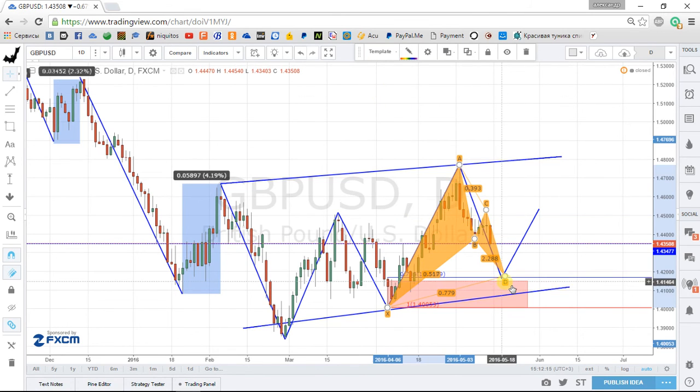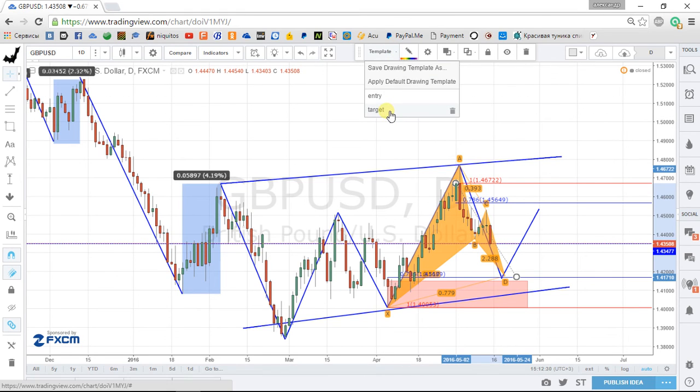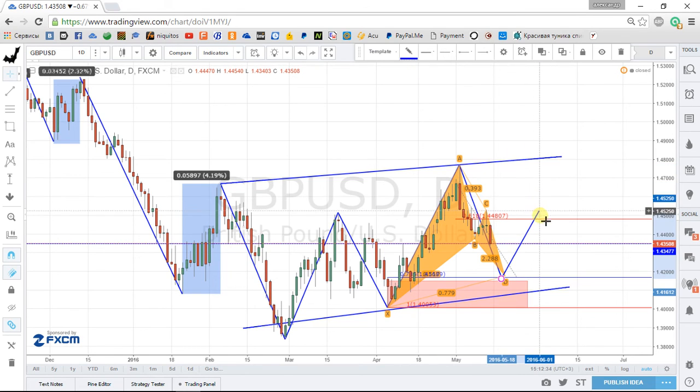It is showing the 786 and the stop loss of exactly 1. And let me enable this, that is called the target. The target is 618. It is here. Okay, guys.